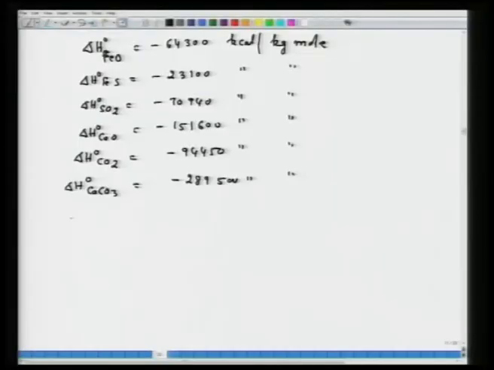Since the reactants are supplied at 298 Kelvin, no sensible heat will be entering into the reactor. Now, the heat supply terms will be, first, sulfur oxidation and second, iron oxidation.